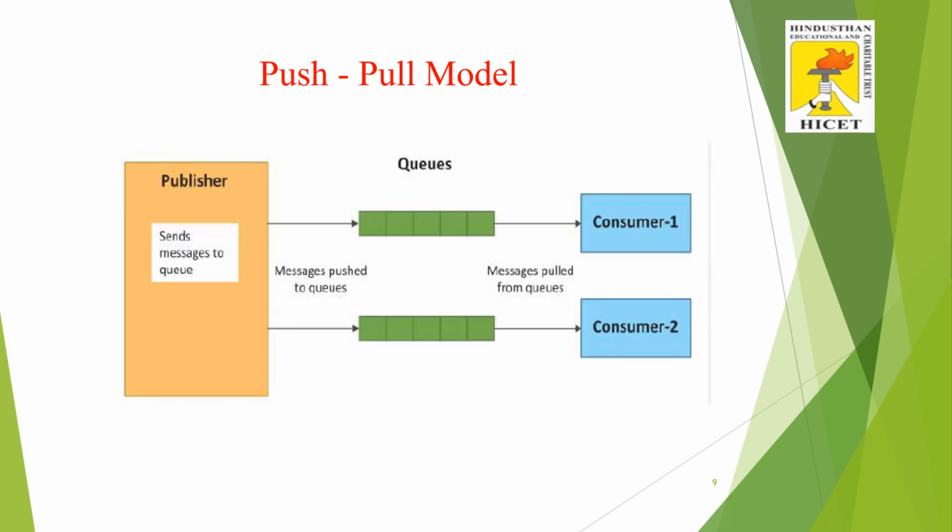The third one is the push-pull model. In this model there are three entities. First one is the publisher, second one is the queue, third one is the consumers. The publisher is going to publish the messages.